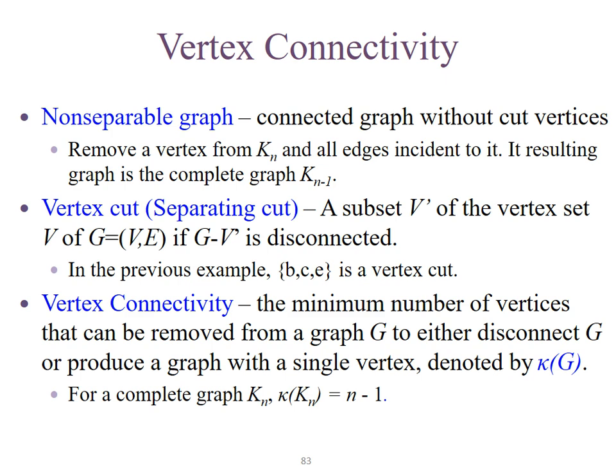All right. Next, vertex connectivity. It is the minimal number of vertices that can be removed from a graph G to disconnect G or produce a single vertex. That means if you have a graph, maybe you can try to remove one vertex. Then you can check if you can make this graph disconnected. If you cannot, then you try to remove two vertices.